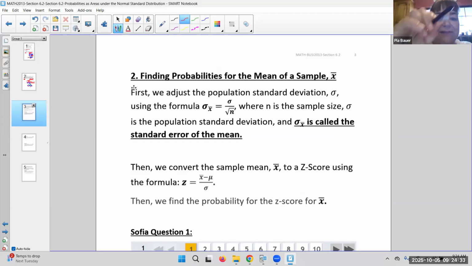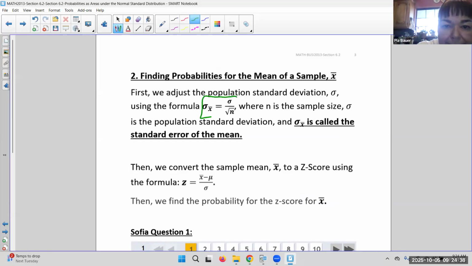So we actually have this new formula that is an adjustment for the standard deviation of the population based on the mean, and it takes the population standard deviation sigma divided by the square root of the sample size n. And this sigma sub x bar is many times called the standard error for the mean.